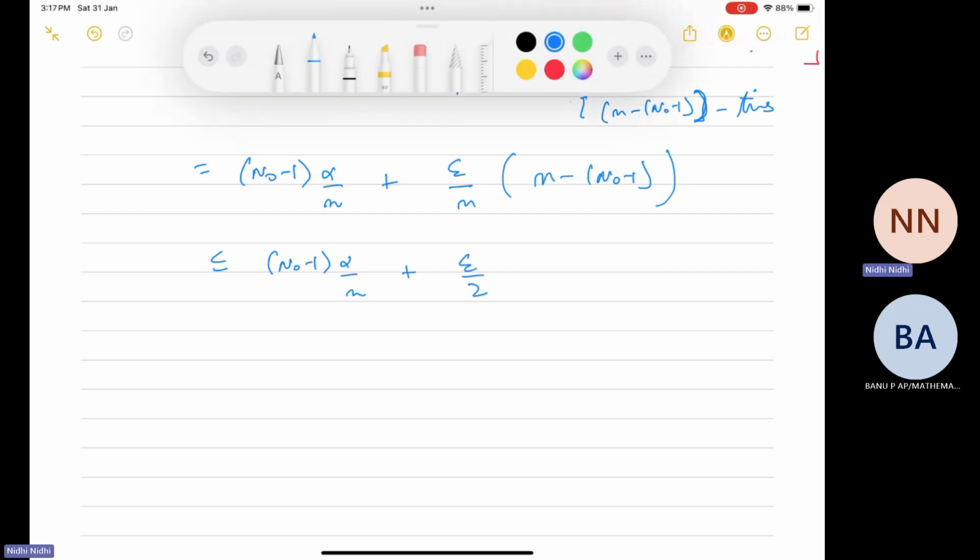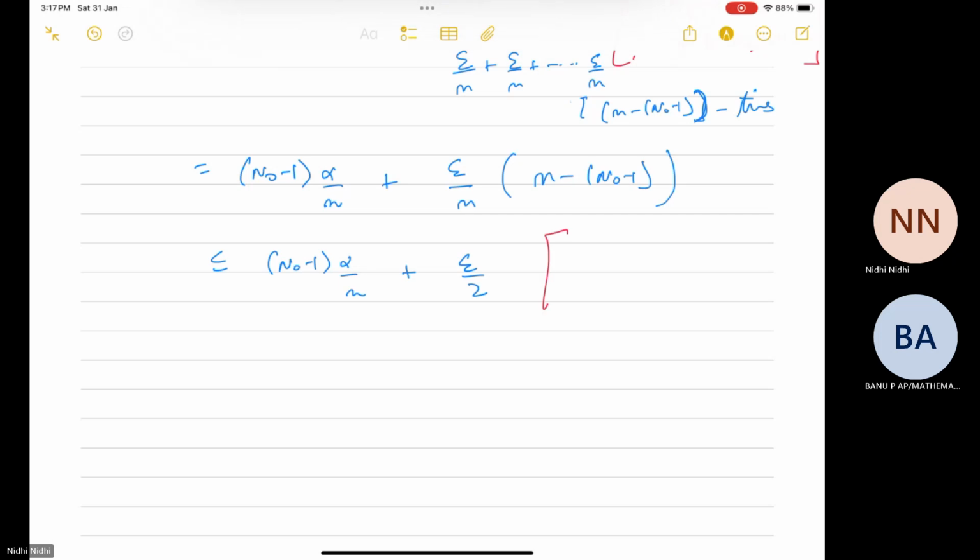Now this is because we have capital N naught greater than or equal to 1, which gives us n naught minus 1 minus n greater than or equal to minus n, which gives us n, small n, sorry.